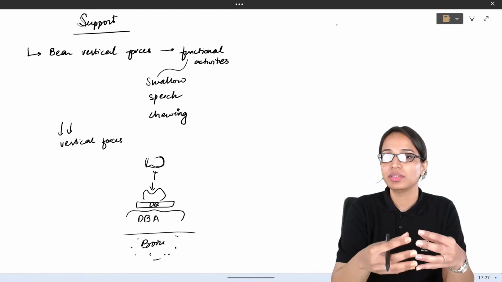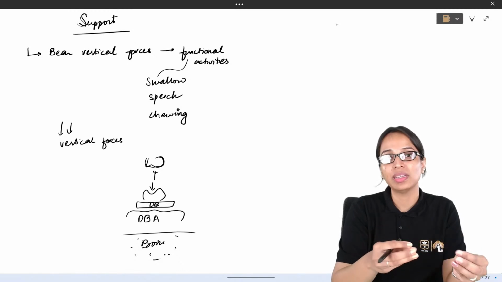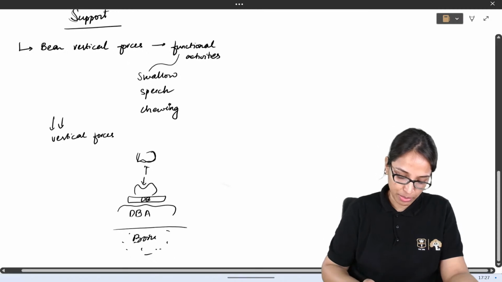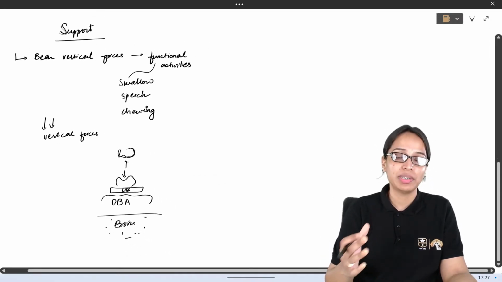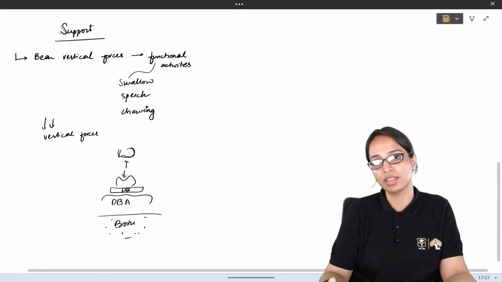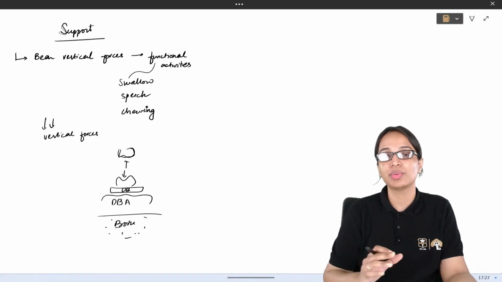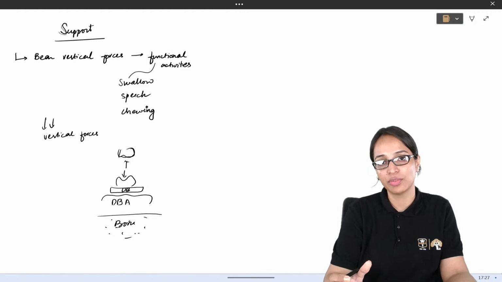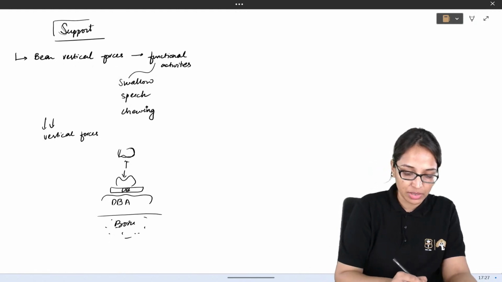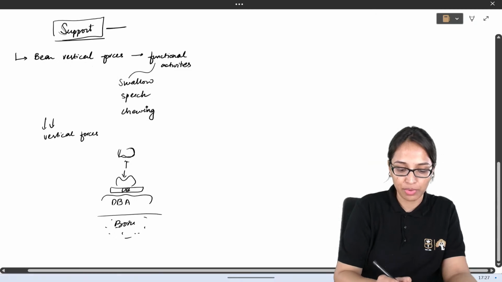That force is important for remodeling of the bone when it is within physiological limits, right? So that is the end point of the force. The property present in the prosthesis that helps you counter these occlusal forces is called support. Support is a property.